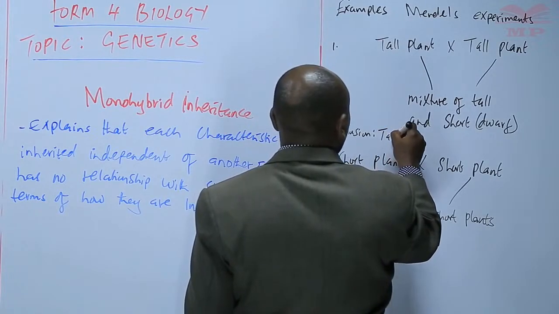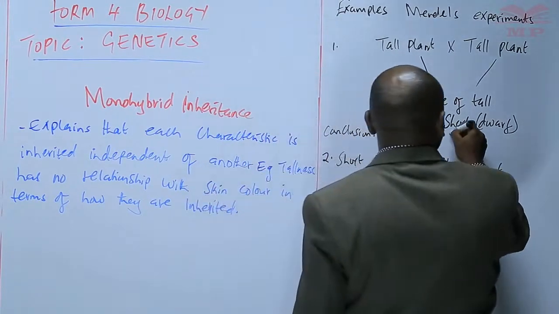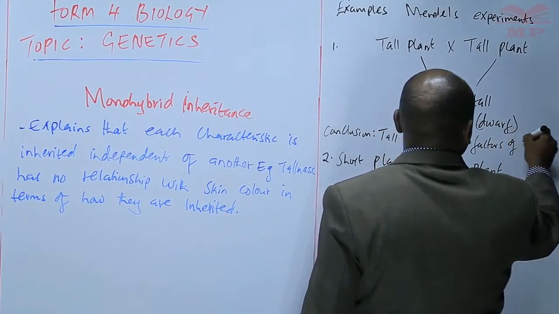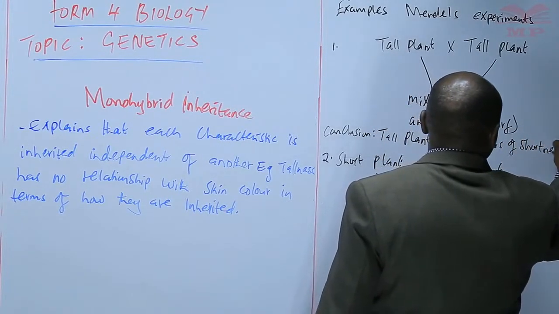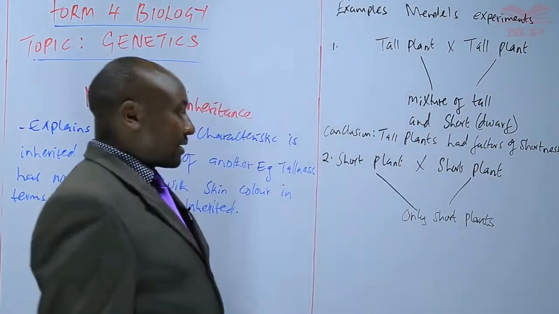So the conclusion in the first case is that tall plants had factors of shortness in them, and that's why we are getting a mixture.